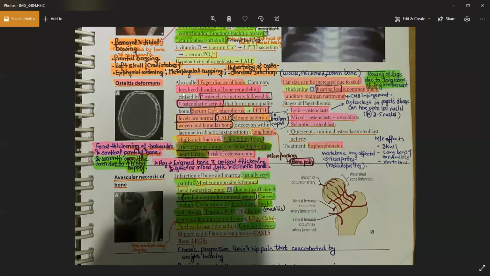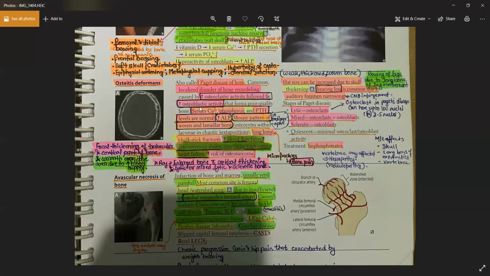Whenever you diagnose a patient with osteitis deformans, they will almost always be in stage 3 of the disease, because the symptoms only present in stage 3, not in stage 1 or stage 2. So generally whenever you encounter patients with Paget's disease, they're already in stage 3. And in stage 3, it means they have a high activity of osteoblast and a low activity of the osteoclast cells.